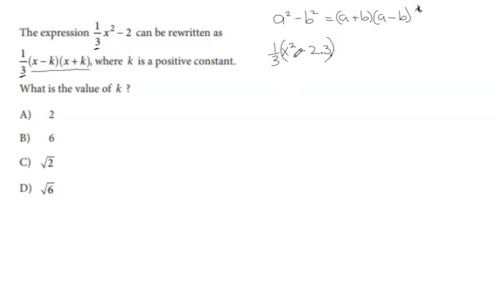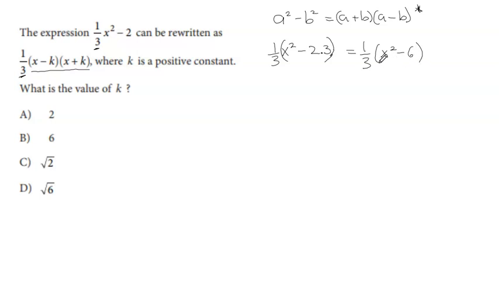And just like I always say, if you know factorization, you should also know distribution, because it should be reversible, which means if I reverse this by distributing the 1/3 over, it should cancel out the 3, which is currently here, and then we're going to end up with the original equation. So now that we have this, we're going to say this is the same as 1/3 x squared minus 6.